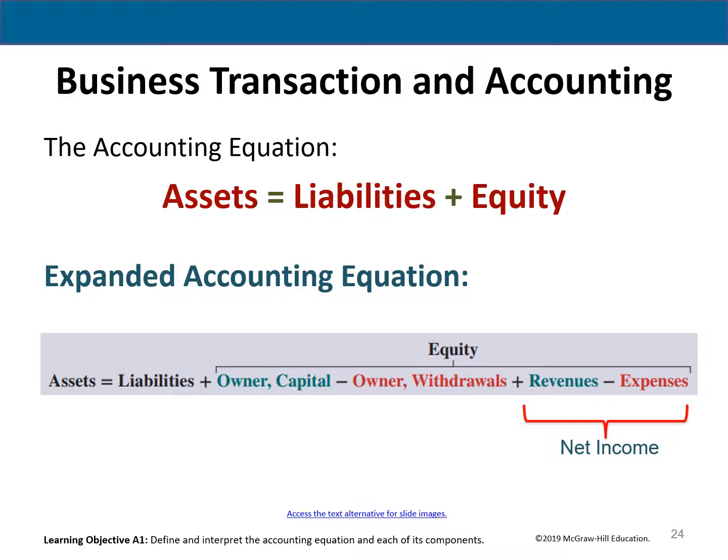Liabilities. Liabilities are any amounts the company owes to creditors, the bank, suppliers. Okay, so the two typical types of liabilities you're going to see is something called accounts payable. And accounts payable is where the company keeps track of amounts it owes to suppliers.